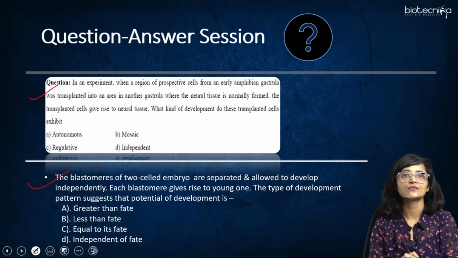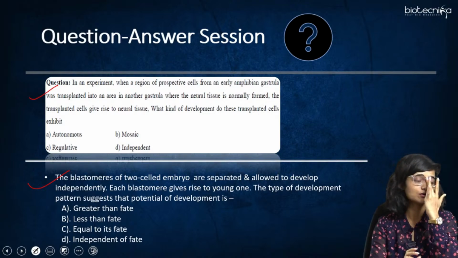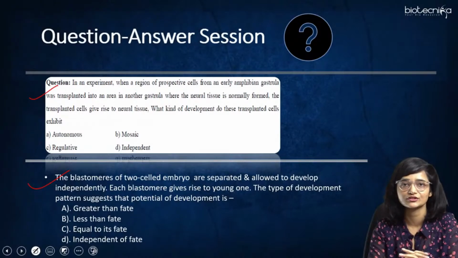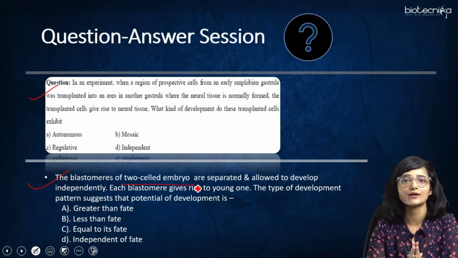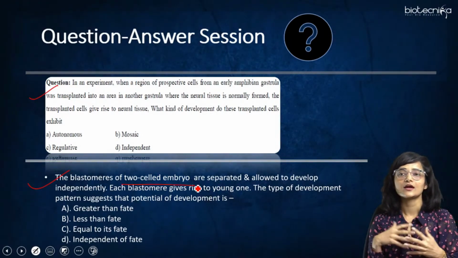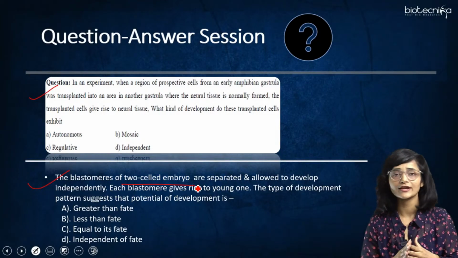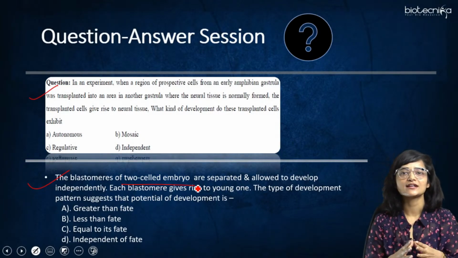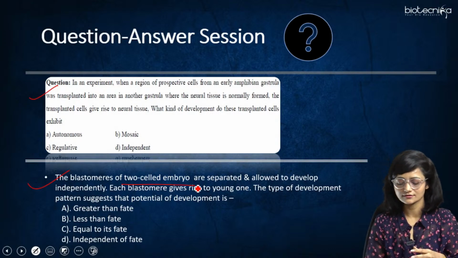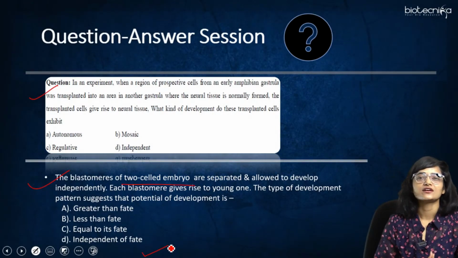Right. So here is a question. In the second question, you have to attempt this particular question. You need to give me the answer for this. The question says that the blastomeres of the two-cell embryo are taken, separated, and allowed to develop independently. Each blastomere gives rise to a young one.